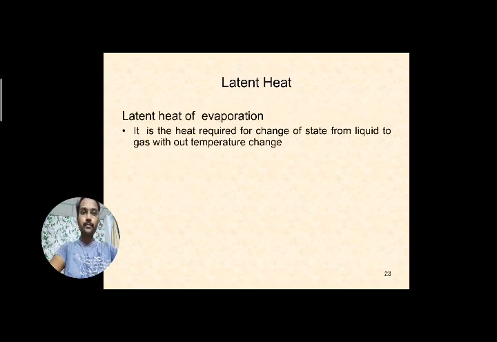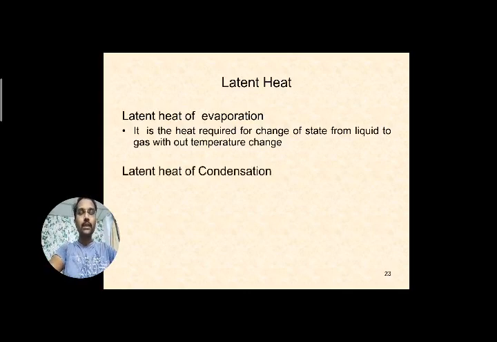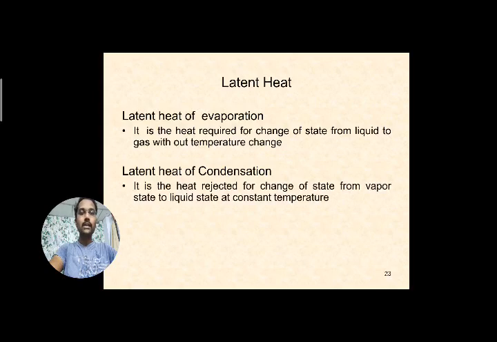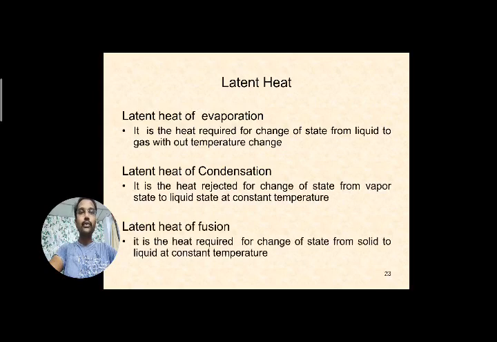Here three terms can be explained regarding latent heat, where the different phase change transformations take place. Latent heat represents the change of phase while maintaining constant temperature. Regarding this, we will see three different terms: latent heat of evaporation, latent heat of condensation, and latent heat of fusion.